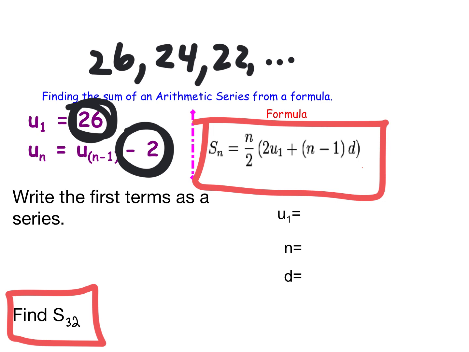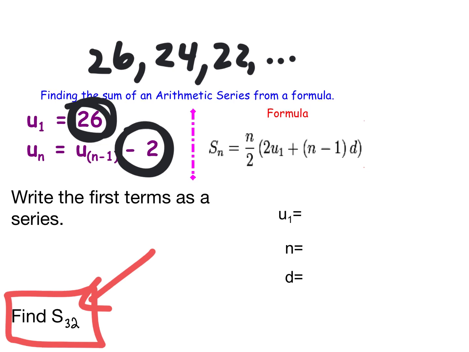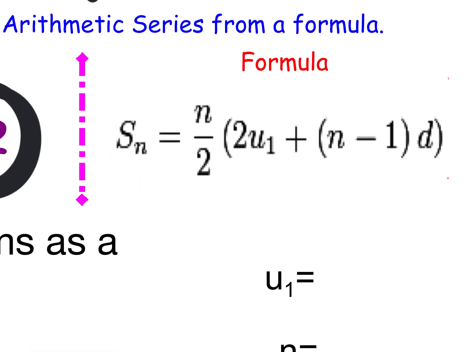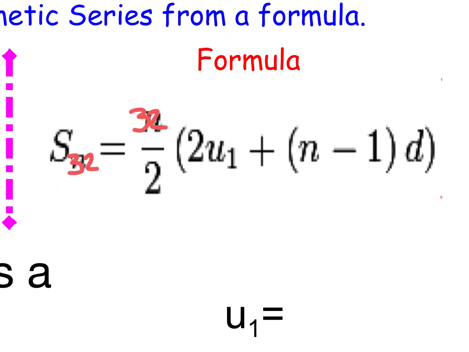So the results, about half the kids were getting it right. And here's how you do it. I want the 32nd term. So right away, my n's are 32. Do you get I have 3 places where there's an n? Those are all 32s. N was our number of terms, and it was 32. Next is U sub 1.